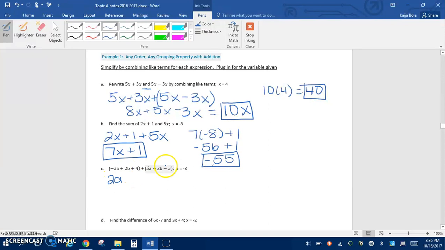Then we have 2b minus 2b, so those cancel out and they're gone. And then we have 4 plus a negative 3, which just gives us a plus 1. So that's our simplified expression. And then we want to evaluate when a is negative 3. So we have 2 times negative 3 plus 1, which is negative 6 plus 1, which gives us negative 5.